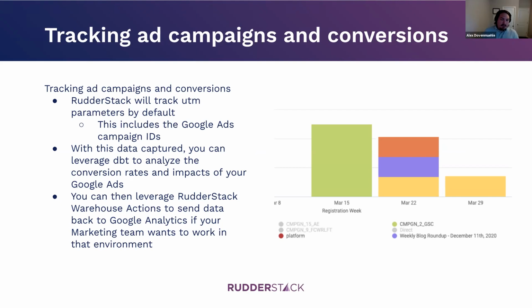Yeah, so what we do at RudderStack, the events that we're getting from the web pages, and even when we're trying to track conversions in the product pages, you have all the UTM parameters, you have the Google Ads campaign IDs, and so we basically have written a bunch of reports. We also leverage Looker and DBT.